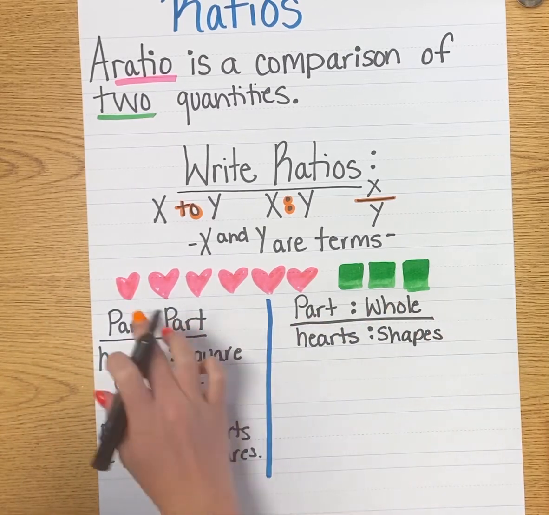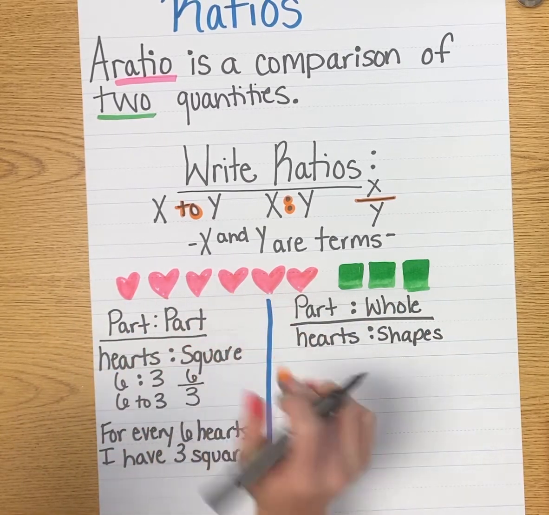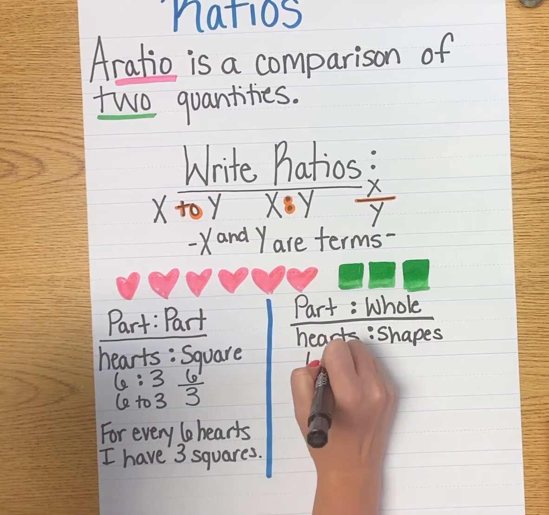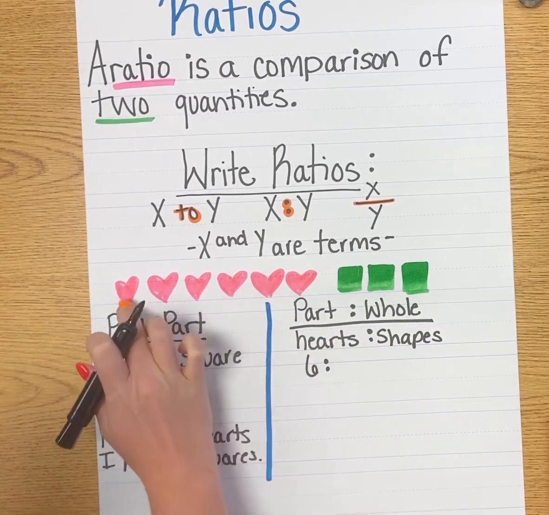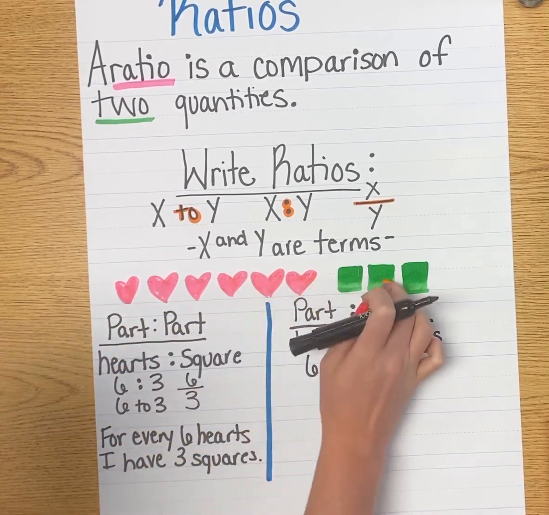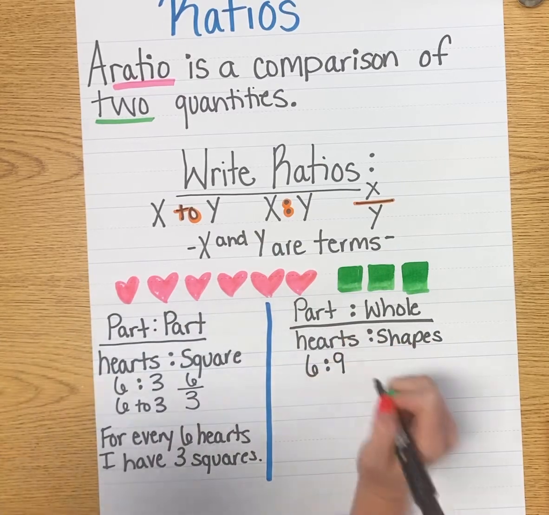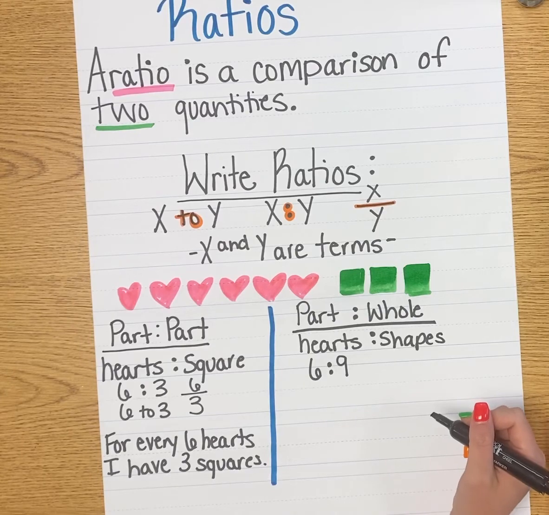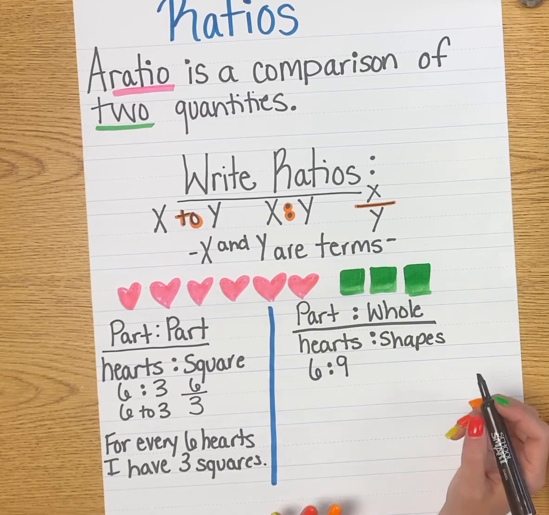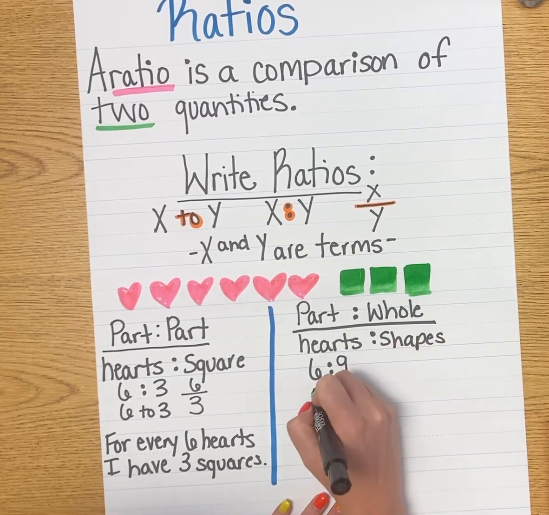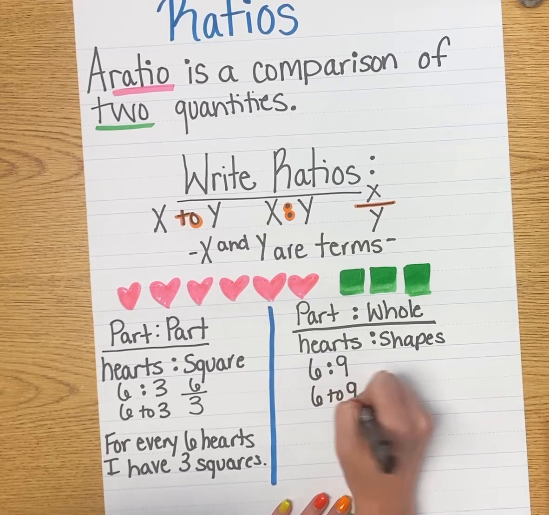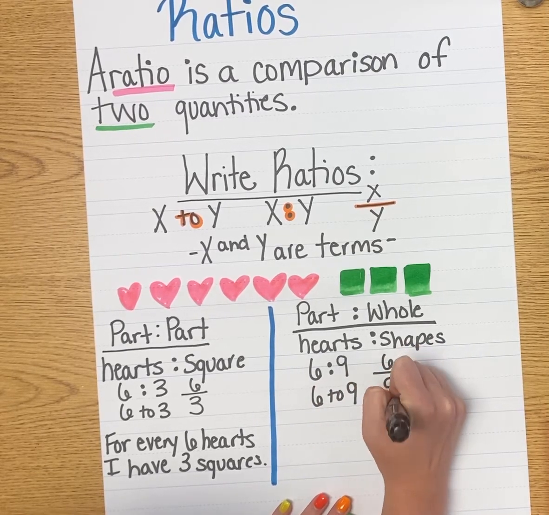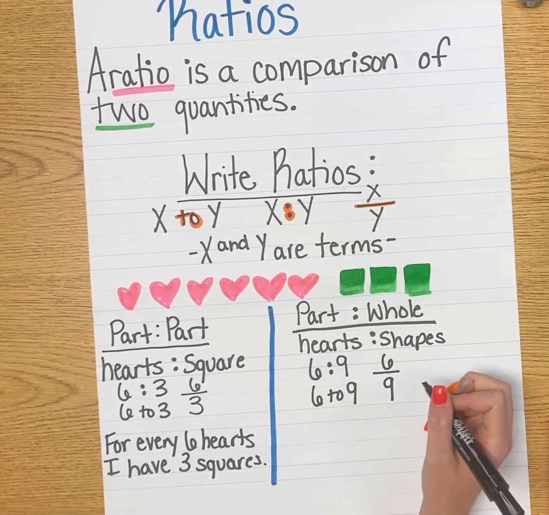So I have 1, 2, 3, 4, 5, 6 hearts. But total shapes, 1, 2, 3, 4, 5, 6, 7, 8, 9. I have 9 shapes. So 6 to 9, or 6 over 9. All the same thing.